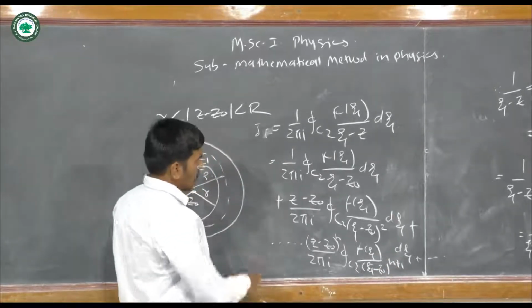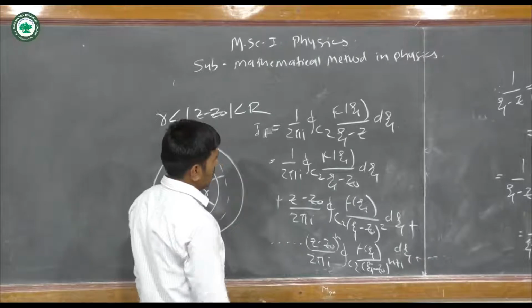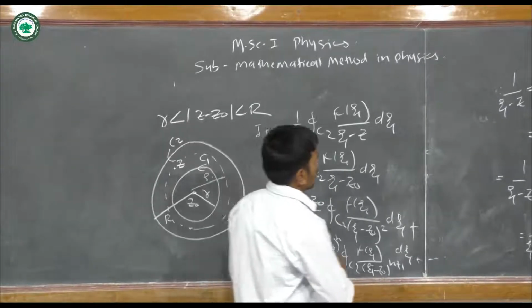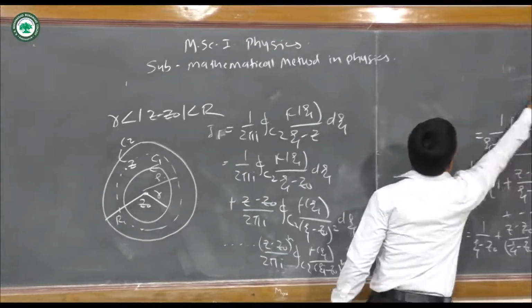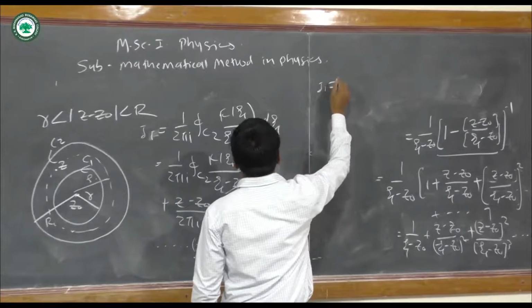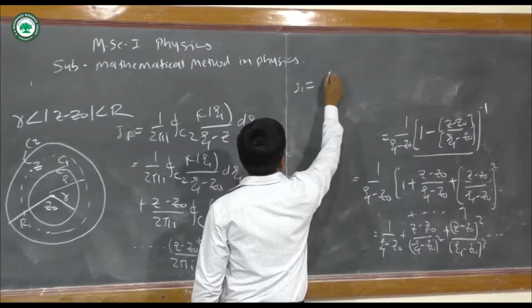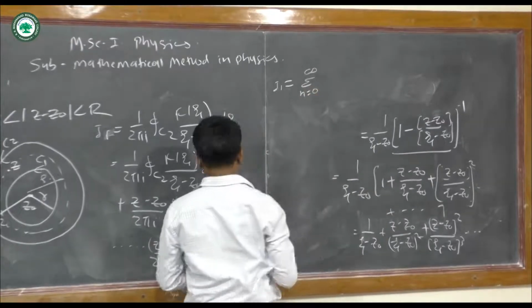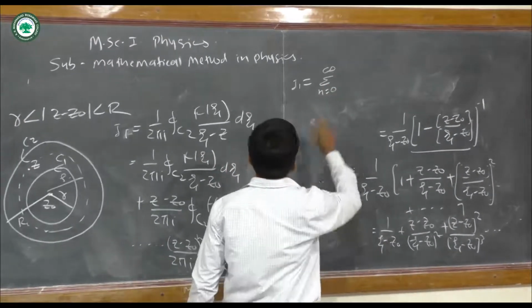Okay, so these things we can write in terms of the summation. So this I1 we can write as summation over n equal to 0.